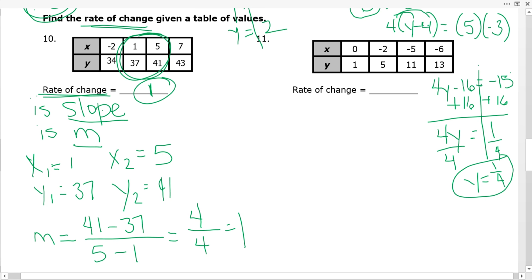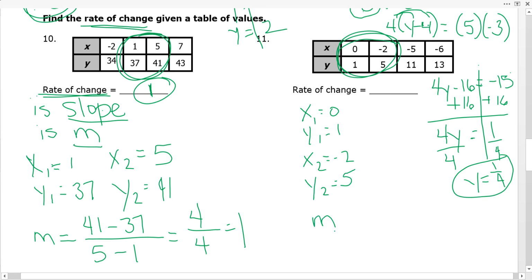Okay. Over on the next one, I'm going to do the same thing. I think I will take these 2 points. X1 is 0. Y1 is 1. X2 is -2. Y2 is 5.